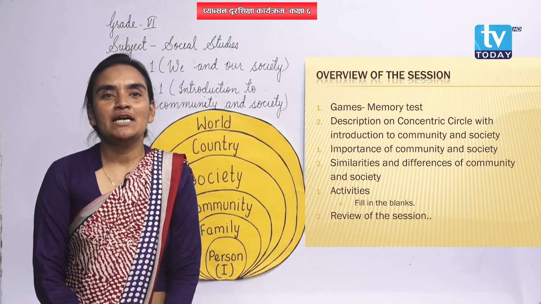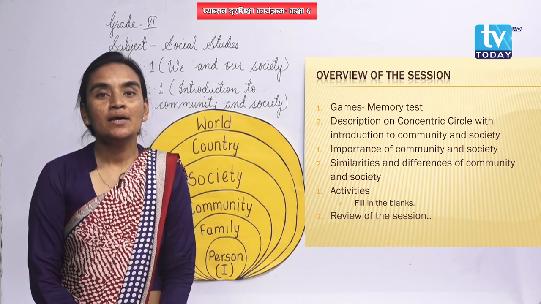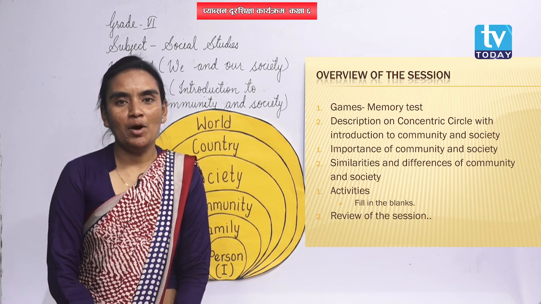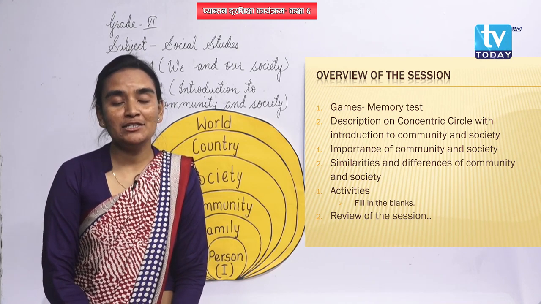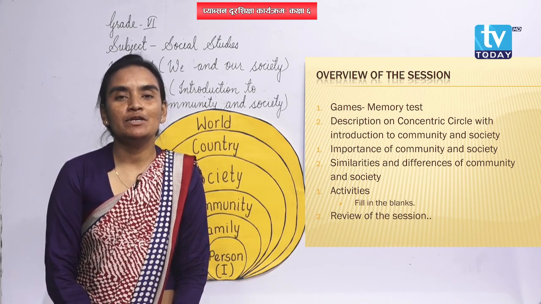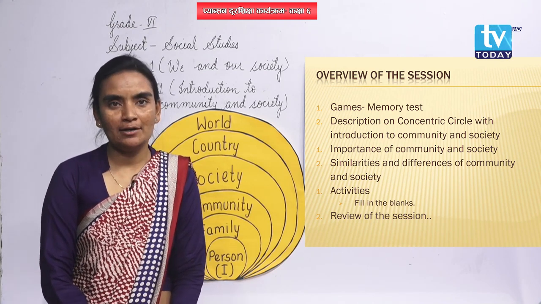Besides that, we will go for the concentric circle: why community and society are important to us and what the interrelated matters in community and society are. That also we will try to learn according to the concentric circle.